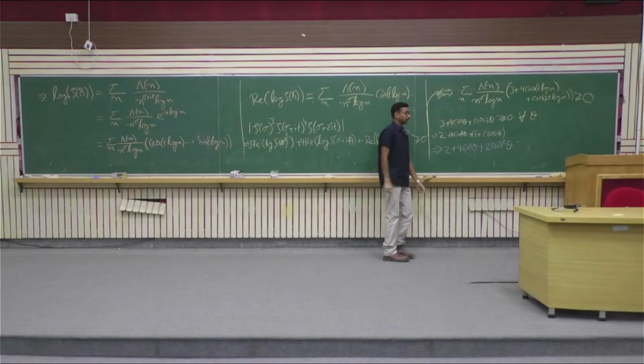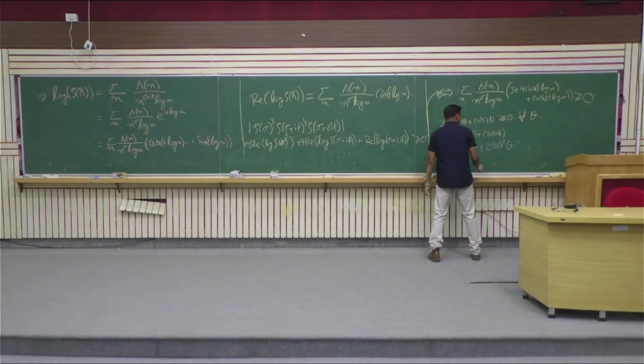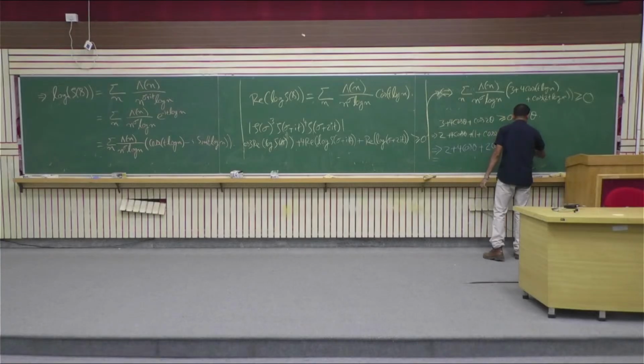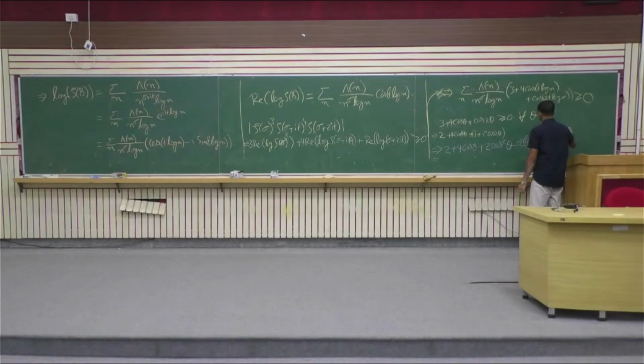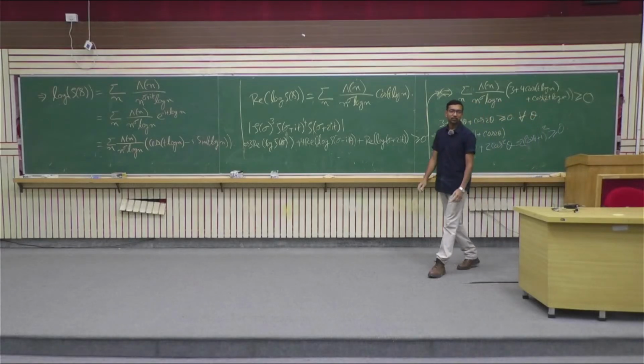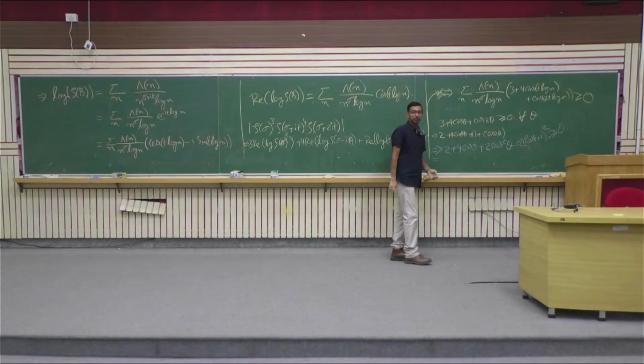Take 2 common, so this is equal to 2 times (cos theta plus 1) squared, which is greater than or equal to 0. So that finishes the proof of the prime number theorem.